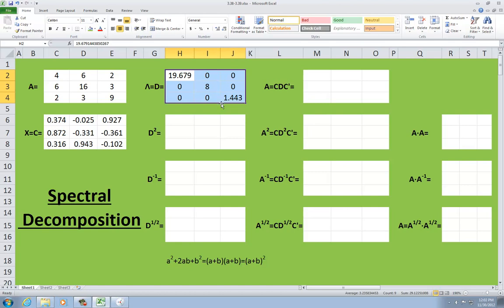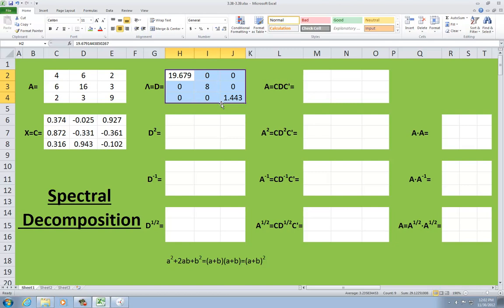So once one has obtained the normalized eigenvectors matrix C and the diagonalized matrix of eigenvalues D, they can be used to obtain any power of matrix A by a very simple process of matrix multiplication. This is because the eigenvectors C are not only eigenvectors of A, but also of any power of A. That's very important to know.